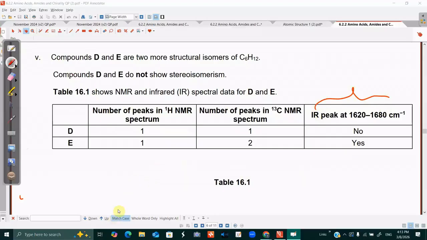Check and tell now. 1680 is a carbon-carbon double bond for alkenes. What is the functional group? Alkene. Yeah.